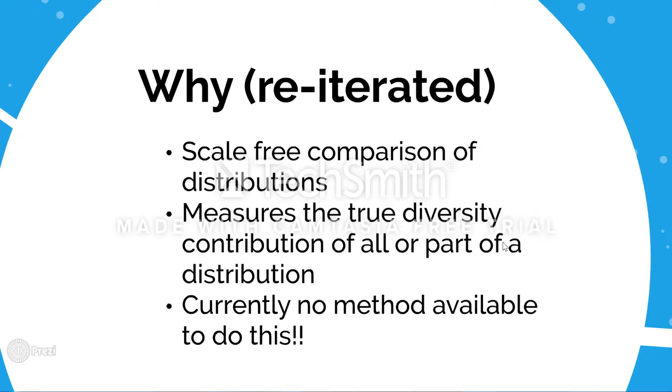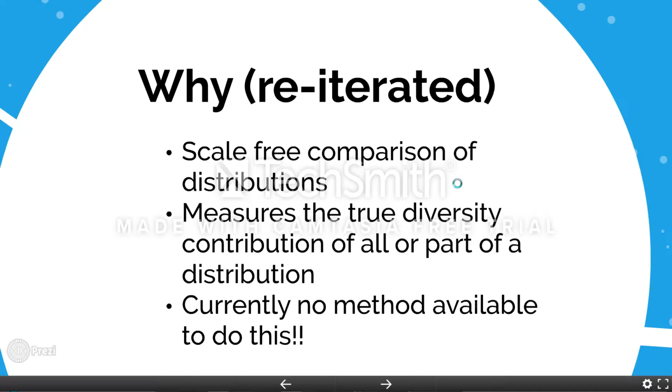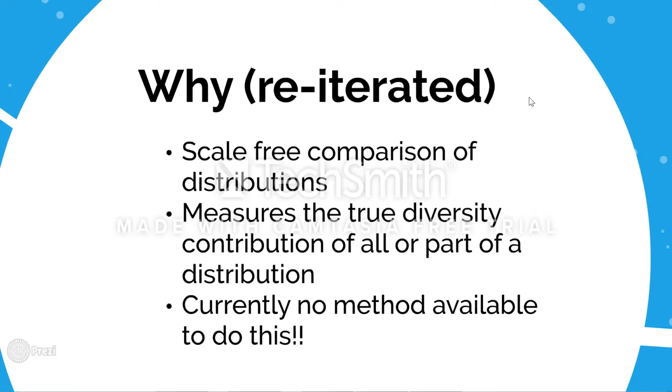The second point is we actually want to try and measure the true diversity contribution of all or part of a distribution. All right, and just to make sure all of us are on the same page, there's no method that's currently available that allows us to compare all or parts of distributions that are different in scale as well as shape.